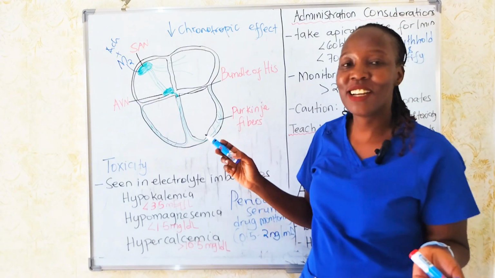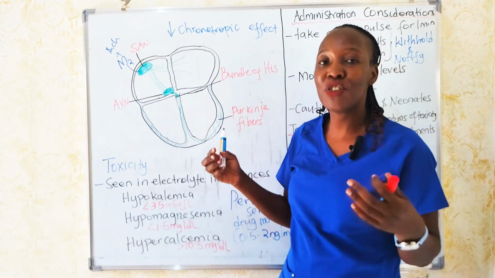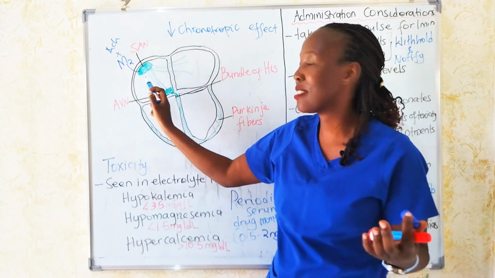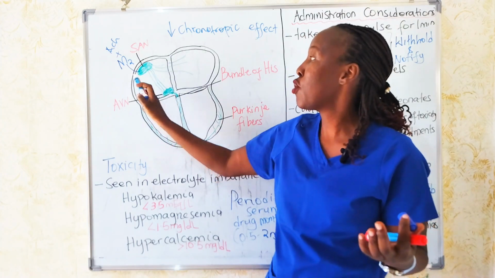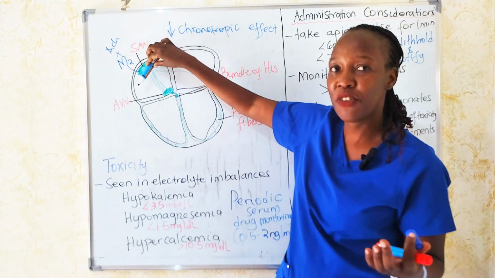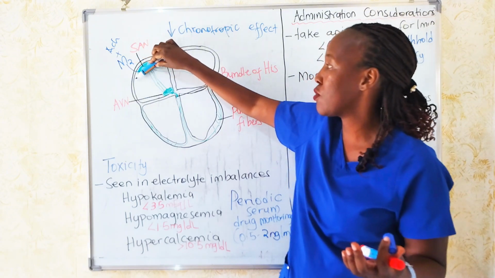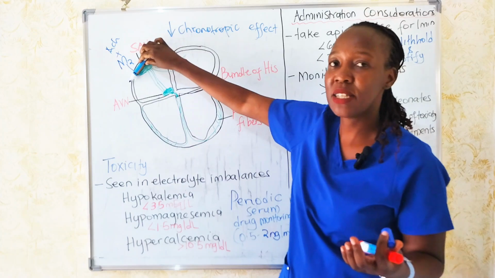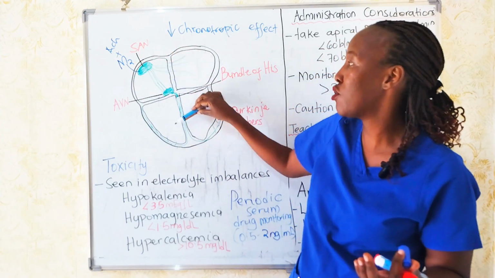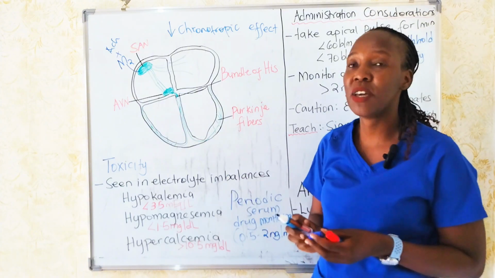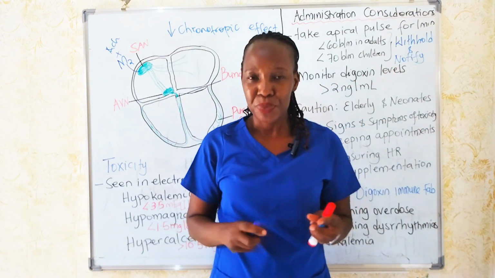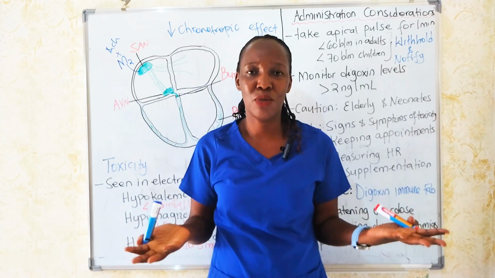Digoxin actually stimulates the vagus nerve, and the vagus nerve supplies the sinoatrial node. So through the M2 receptors, digoxin is going to produce a vagal effect, and that vagal effect is also going to slow down the impulses from the sinoatrial node, down from the atria to the ventricles, and then you shall end up with a negative chronotropic effect. So those are the ways in which digoxin works.